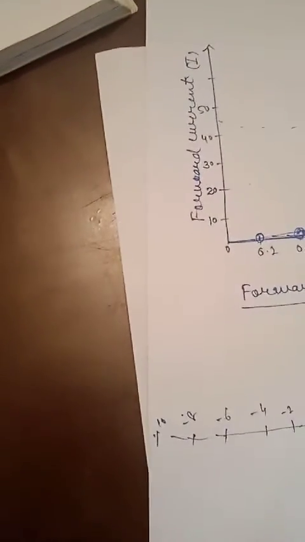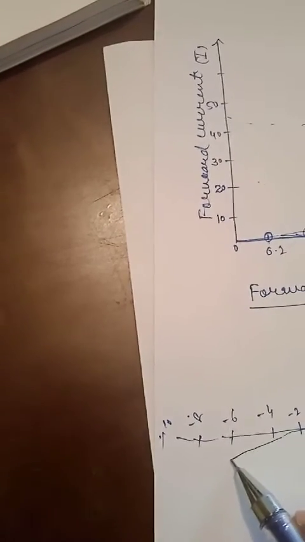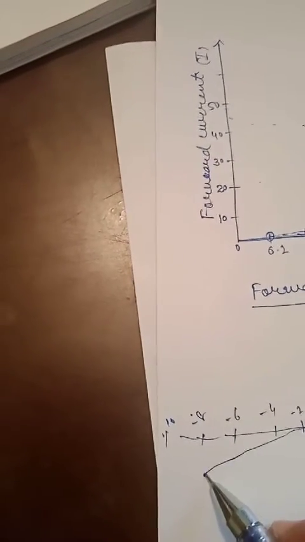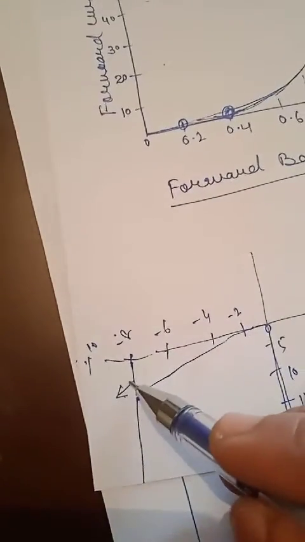First the current will increase slowly, and at a point, suddenly the value will be maximum. This is known as the breakdown voltage.